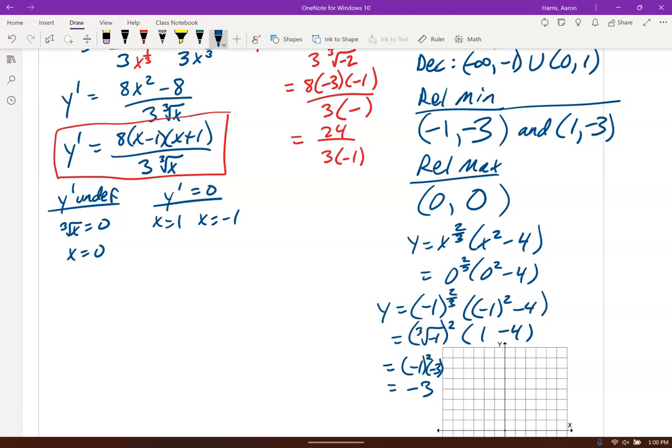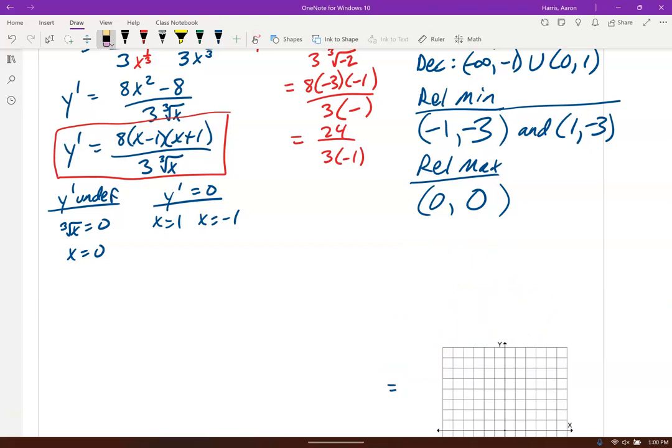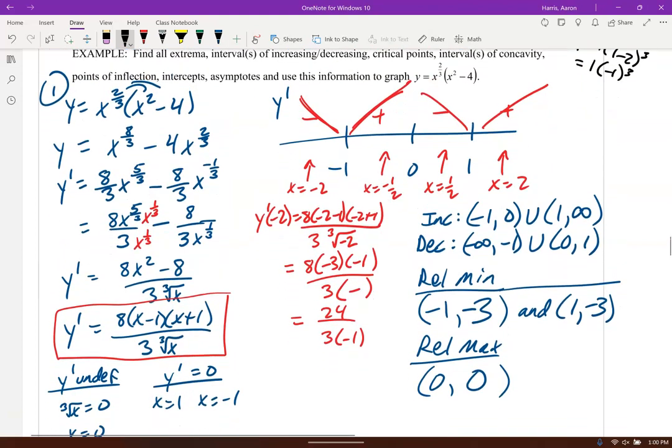Okay. Let me erase that so I don't have that in my way here. Okay, let's move into our second derivative now. So we have our y prime, let me go back up to right here.